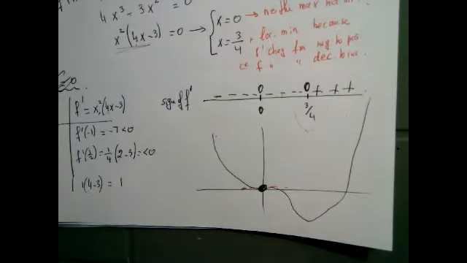All right. Now we're going to start talking about the second derivative. And what does the second derivative tell us about the graph of a function? So I will start here. Local max, local min is really actually not hard.